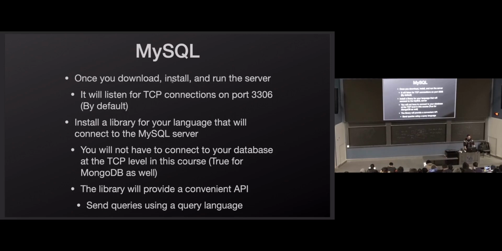MySQL, when you download and install and run the server, is software running on your machine, listening for connections by default on port 3306. So you'll connect to it on port 3306, create a TCP connection, and then you can send it SQL statements and SQL queries to be able to store and retrieve your data from the database.